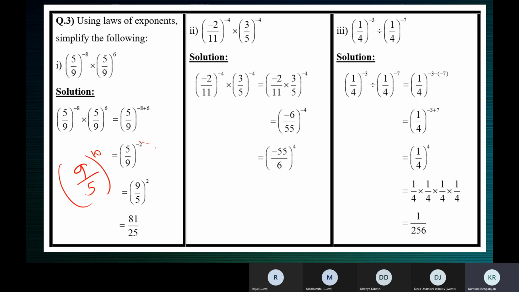If the calculation will take a lot of time, you can just leave it as 9 by 5, the whole power 10. You don't have to find its value. But here the power is 2, so it's easy: 9 by 5 into 9 by 5, 81 by 25. When it is easy to calculate, you can simplify. If the calculation will be time consuming, you can leave it like 9 by 5 to the power 10.